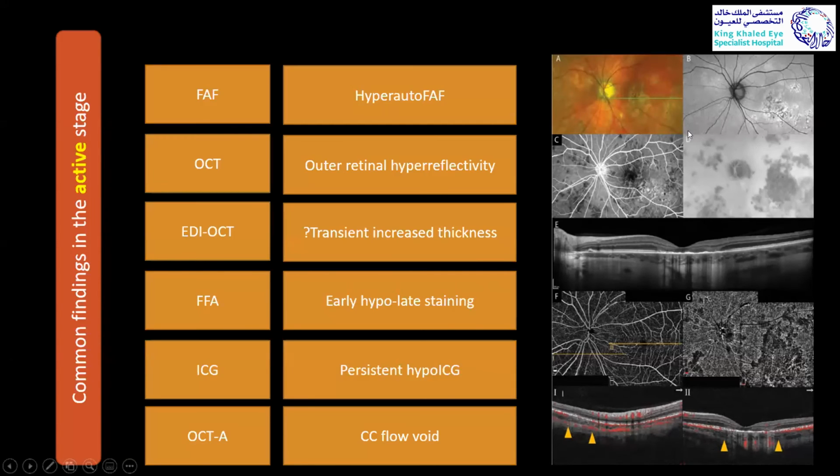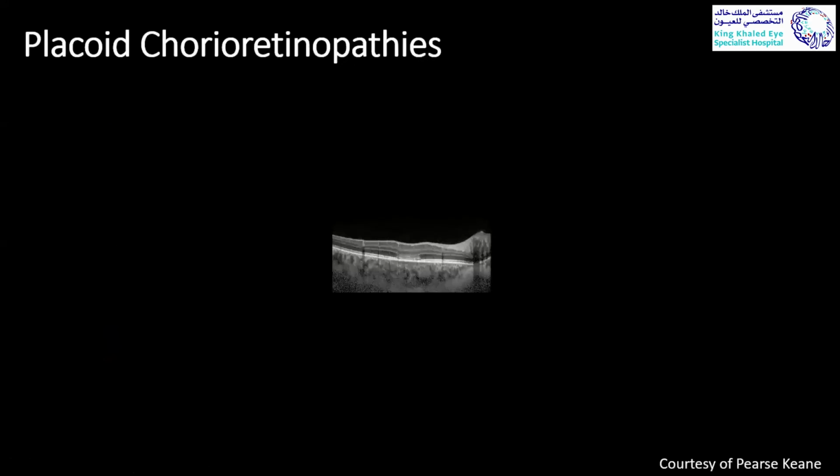But in picture D, which is the ICG, you will see those regions give you a geographic distribution in MB regions, and it can detect more lesions than what we could see clinically or in the autofluorescence. In picture G, you will see that this is the angio-OCT at the level of the choriocapillaris. It shows clearly the blood flow void at these lesions, which indicates that this is really a choriocapillaris ischemia.